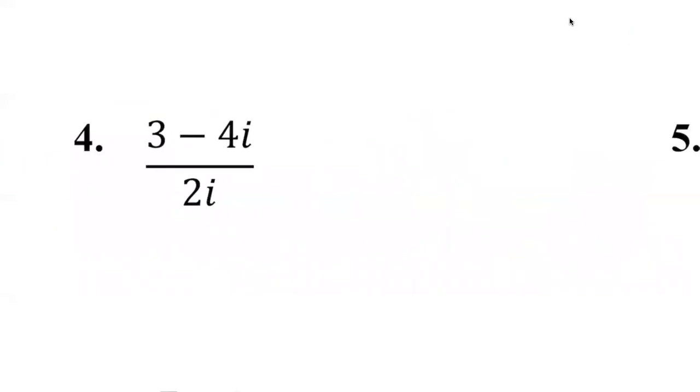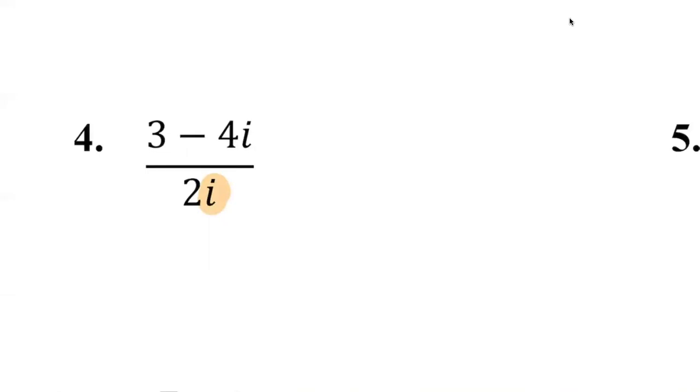Now, do not let any distraction take away your focus. Like in number 4. Again, you have to know what is bothering us. There are things out there that might not be a problem at all. You've got to know what the problem is. The problem is the i in the denominator. The i in the numerator is perfectly okay.